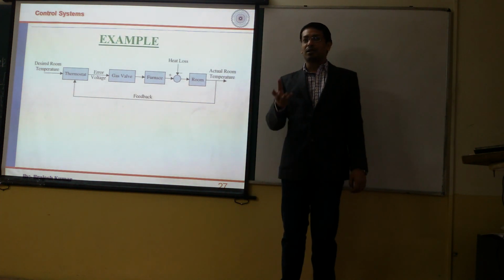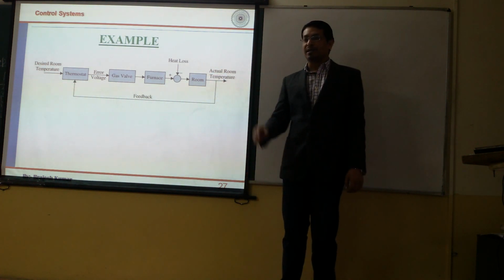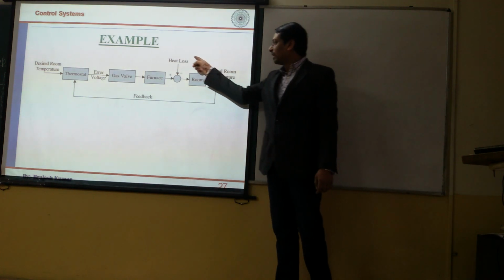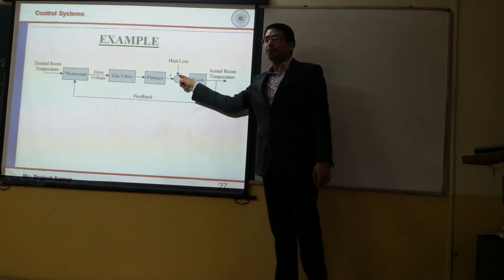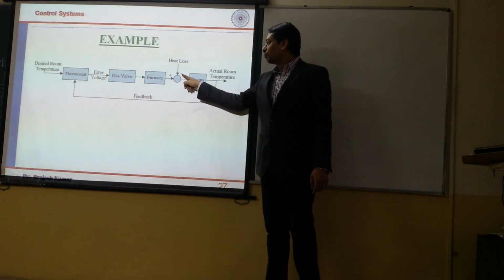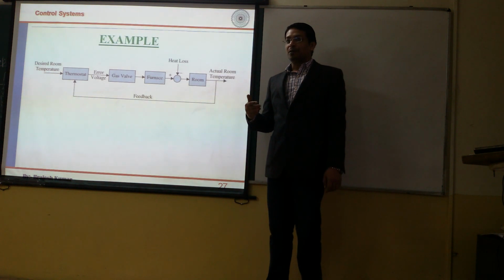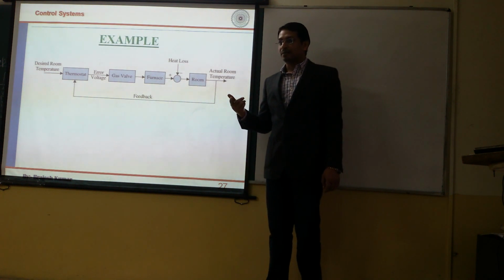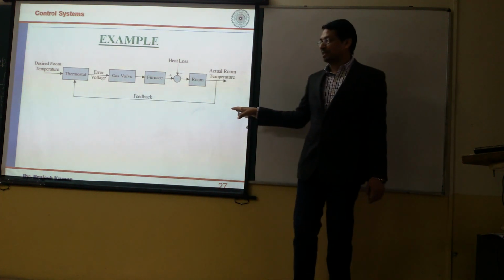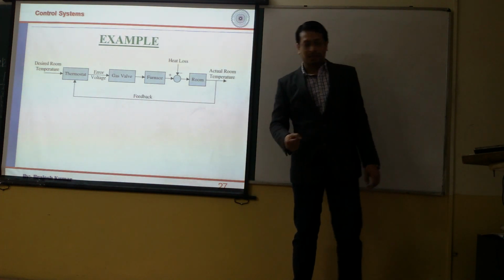Your controller is trying to heat it up, but opening the door or window will try to cool down the temperature. So it will act as a disturbance, and the disturbance here is heat loss with a negative sign. Why? Because it is acting opposite to our desire. So this is a simple example of our lecture hall room or any room.